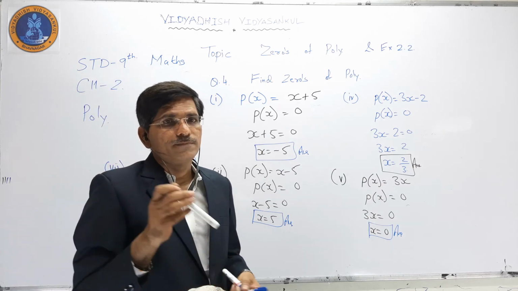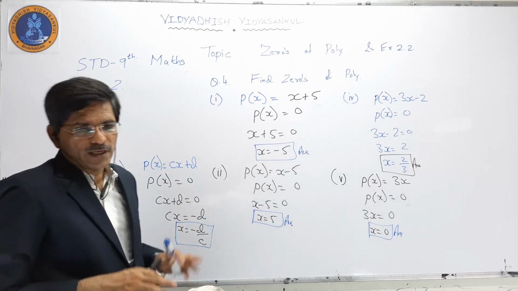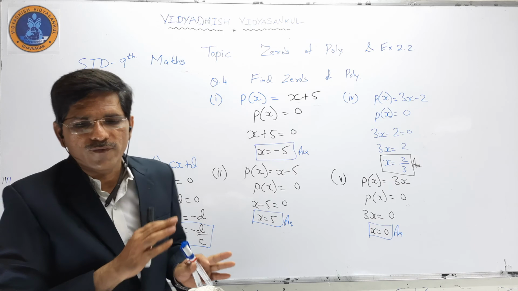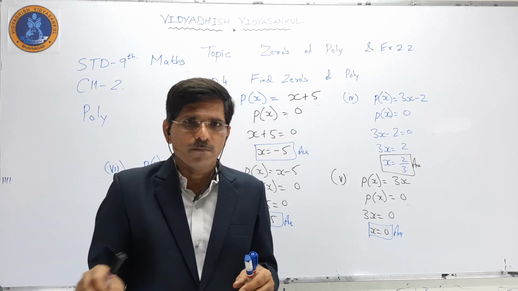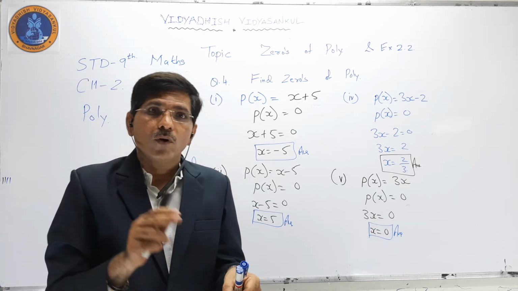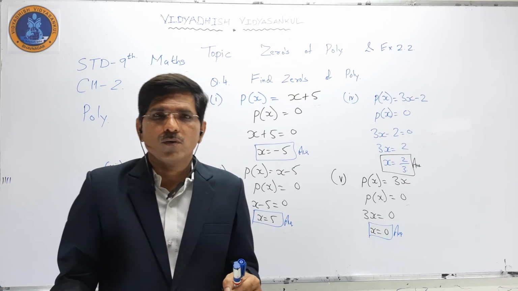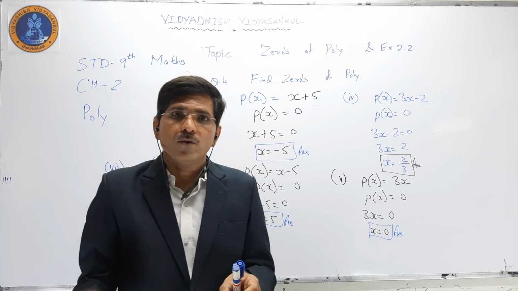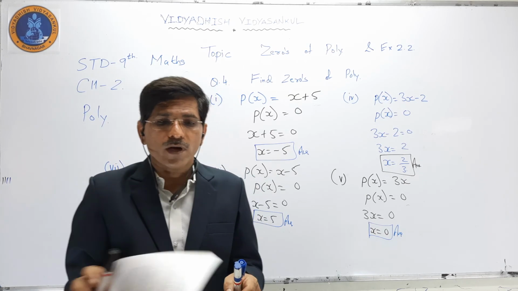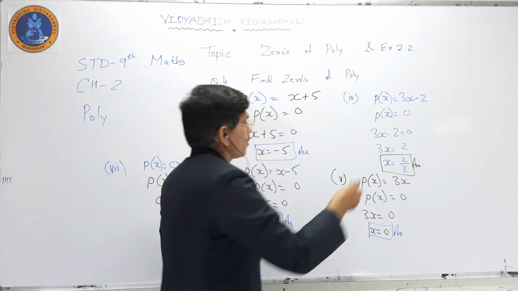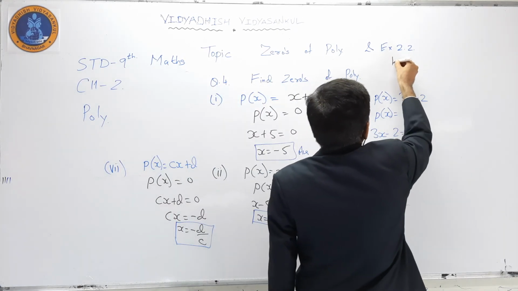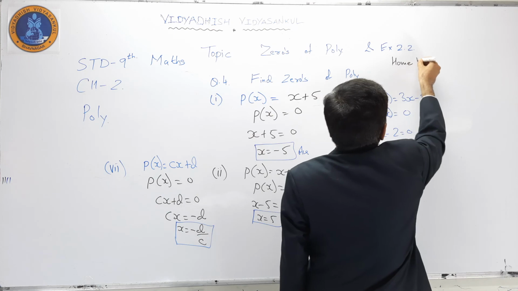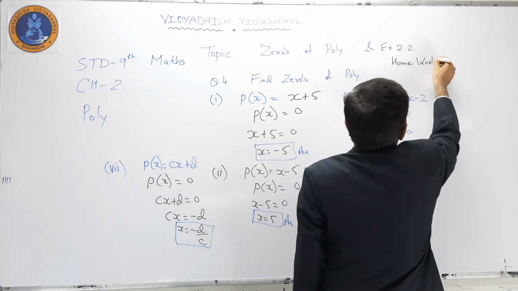So exercise 2.2. There are 4 sums. Already I have completed those 4 sums, mostly I have taken all the sums. Now, what do you have to do in homework? When we complete the lecture, we have to do homework first. So what is your homework?